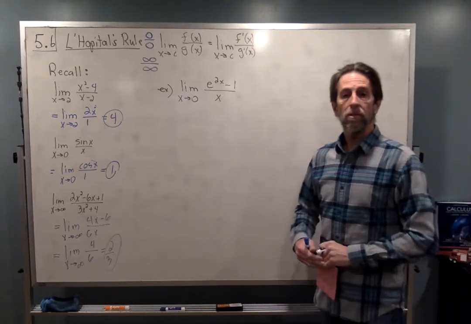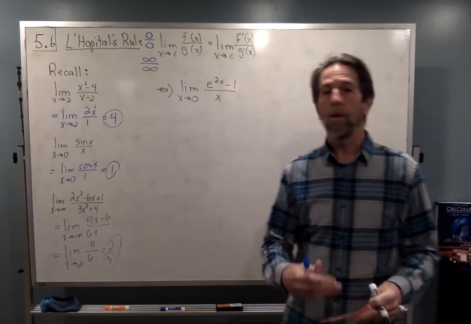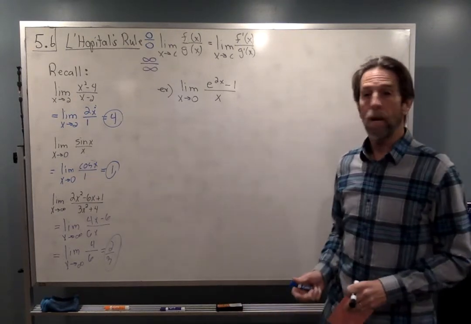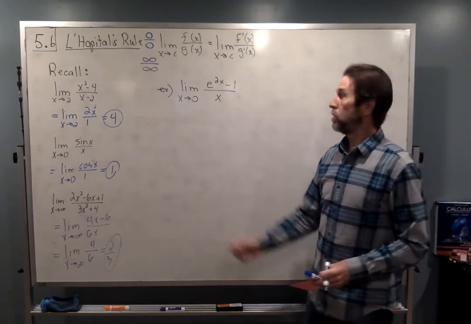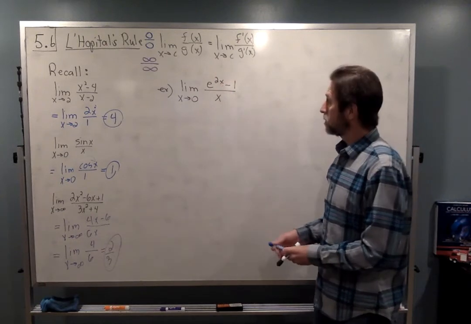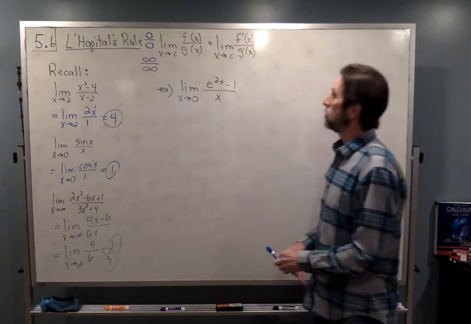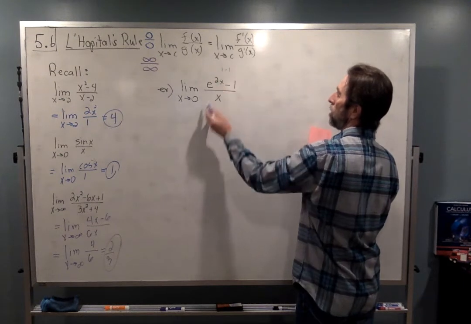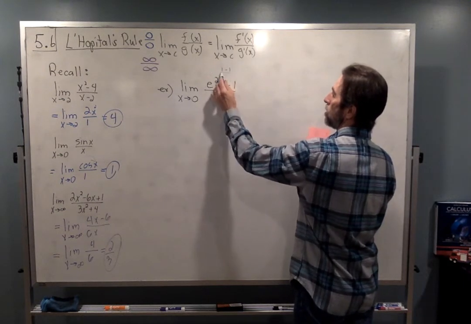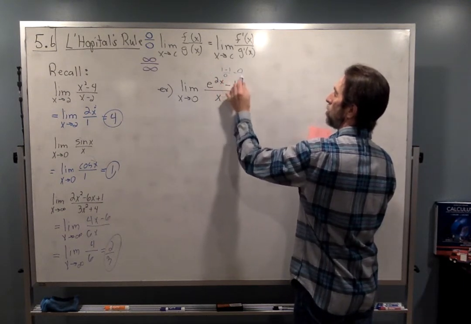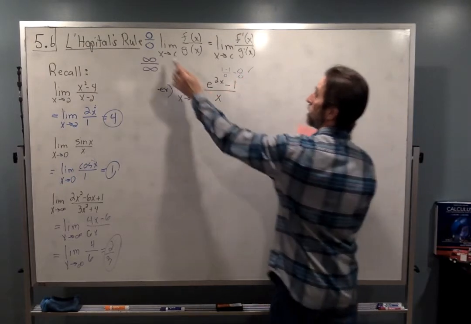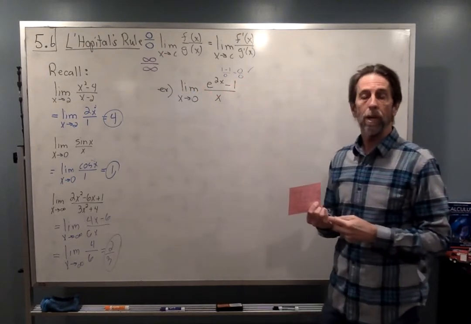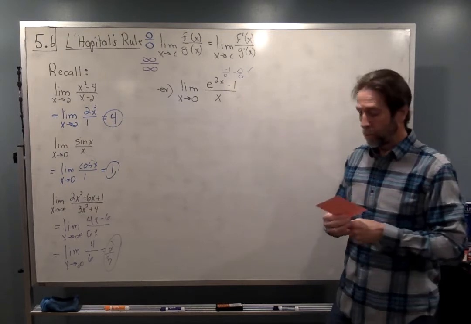If we're faced with this limit, let's say on a worksheet, on a next test, or even in the exam in a couple of weeks, we try direct substitution. We put a 0 in, we're going to get e to the 0, which is 1, minus 1, all over 0. We get 0 over 0. Good, we're happy, because that's one of our indeterminate forms that we can now directly apply L'Hopital's rule.